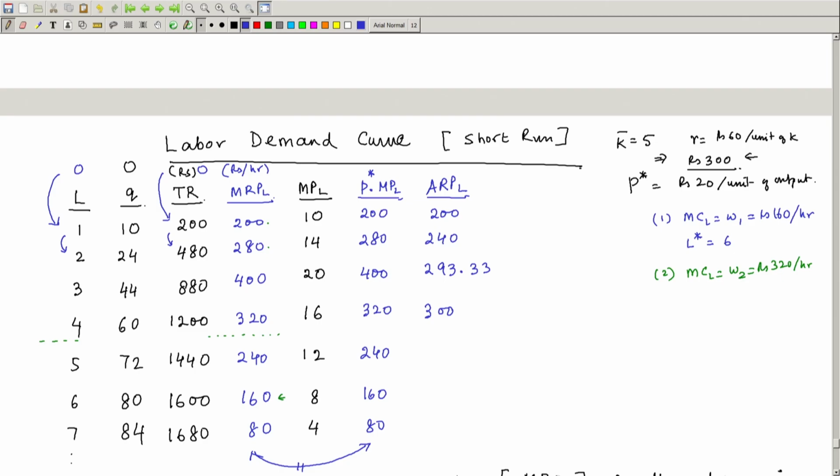So, each time I am taking the total revenue and dividing it by the amount of labor units. Similarly, you can check the average revenue product of the 5th labor hour is 1440 divided by 5, which is 288. For the 6th, it is 1600 divided by 6, which is 266.67. And for the 7 labor hours are generating a revenue of 1680. So, this is going to be equal to 240.